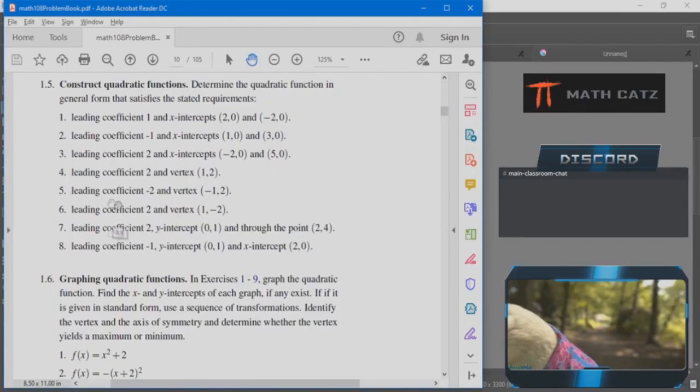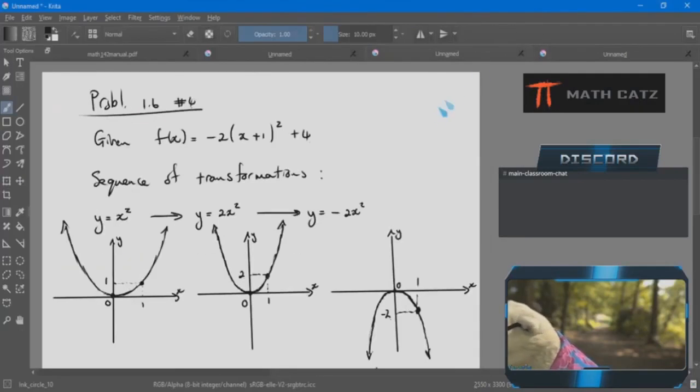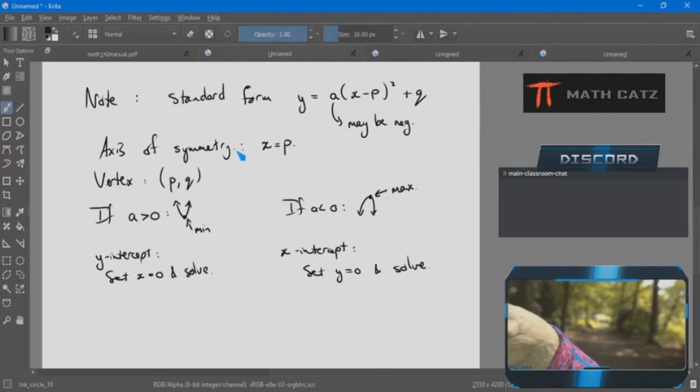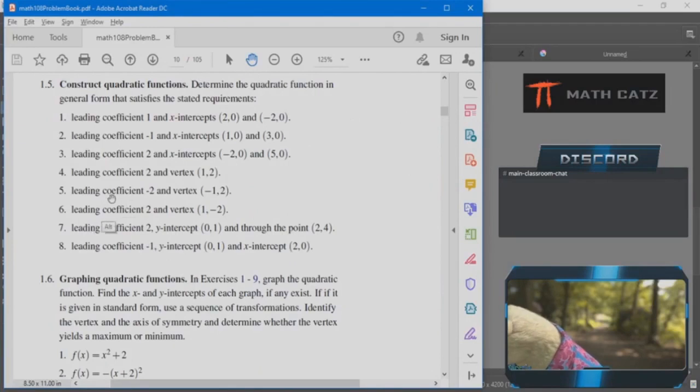In number 5, my leading coefficient, which is the A, has to be -2, and I have a specific vertex.